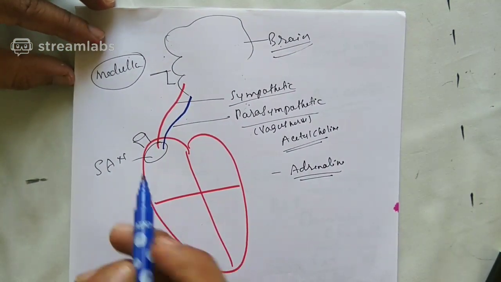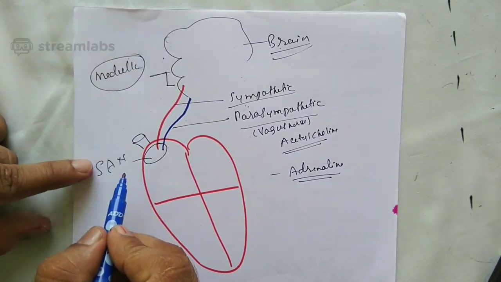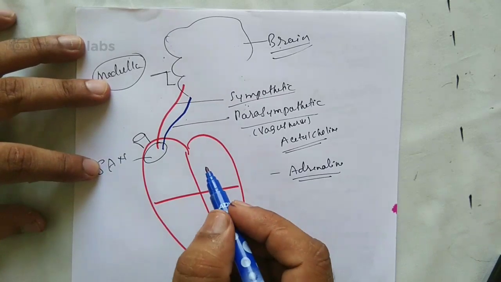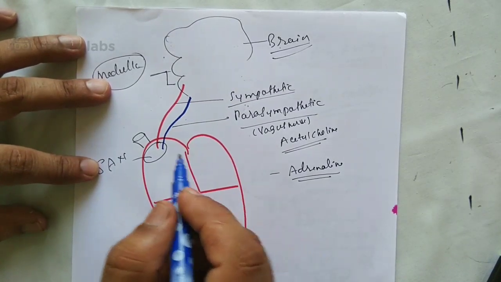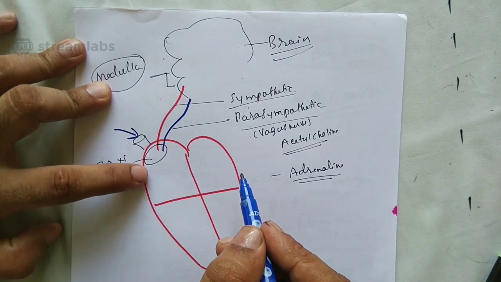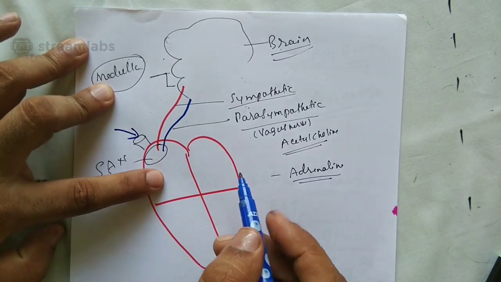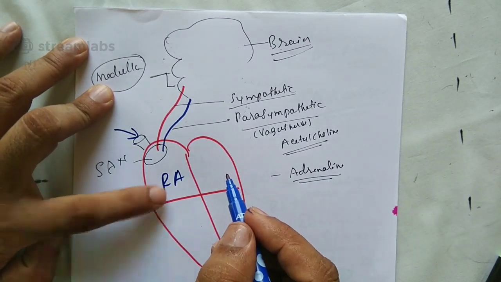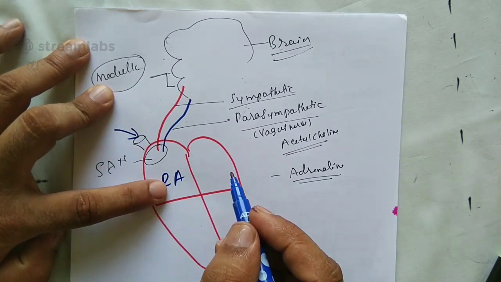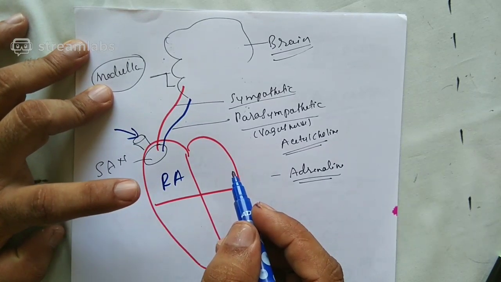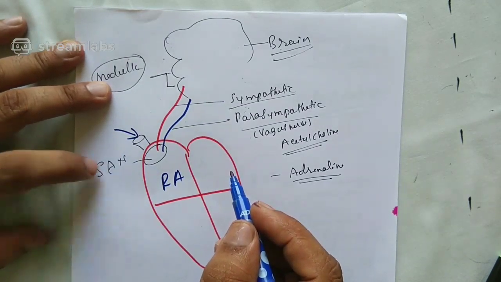It's the sinoatrial node, a nodal tissue which is called the pacemaker. Whenever the blood entry into the right atria becomes less, it means blood pressure has become less. When blood pressure has become less, it is a function of the sinoatrial node to increase the pressure.